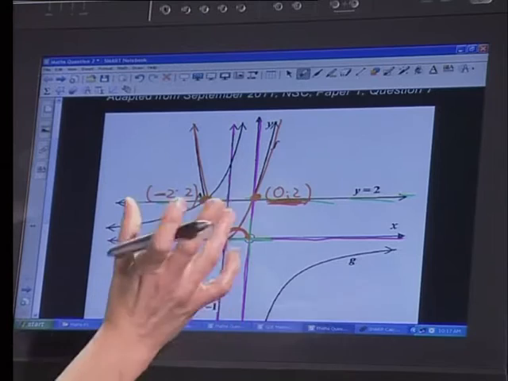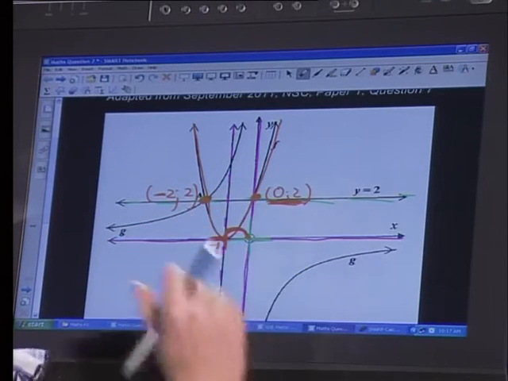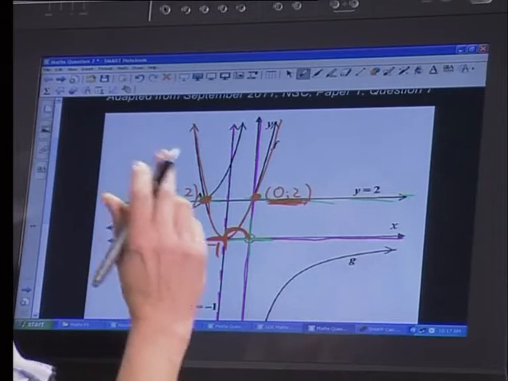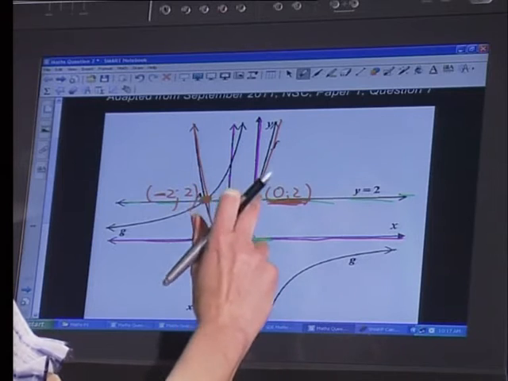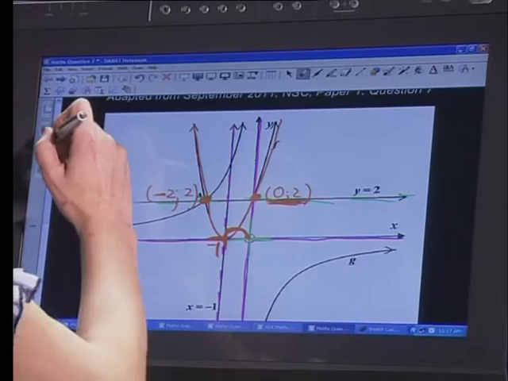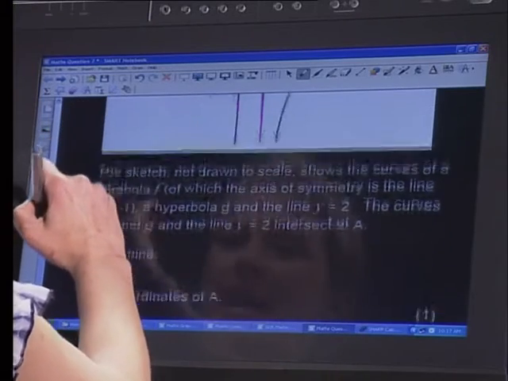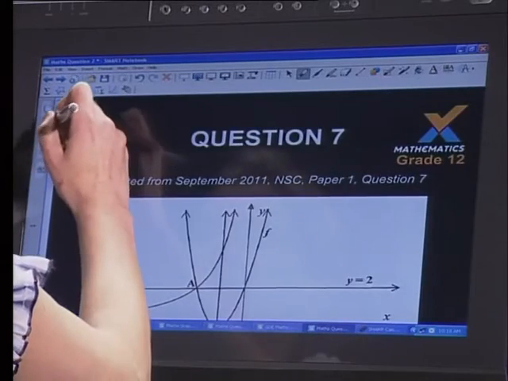So the y values at A and at the y-intercept are exactly the same, and from symmetry, to get from -1 to 0, I jump 1, so I've got to jump 1 to the other side, and the coordinate of A is therefore (-2, 2), so that's only 1 mark, so I should have known that that can't be too hard.